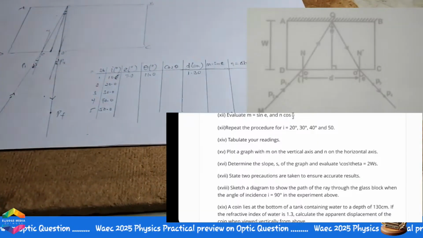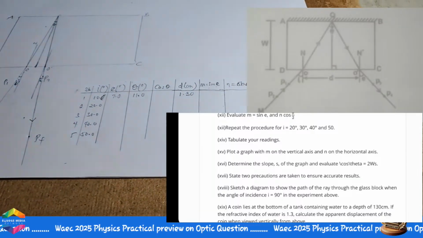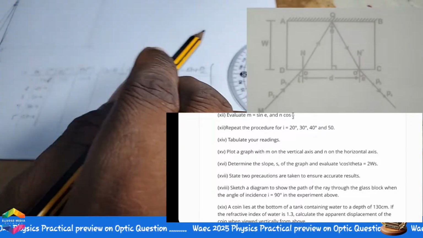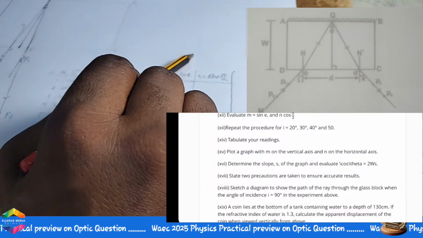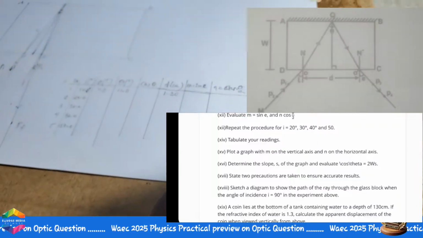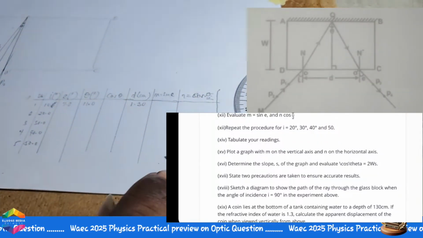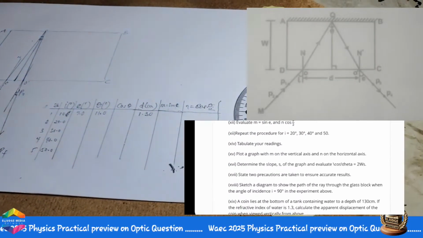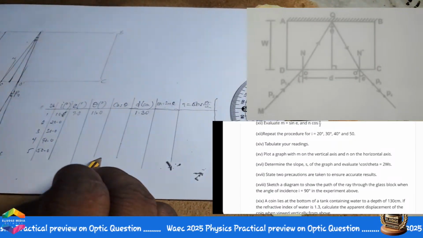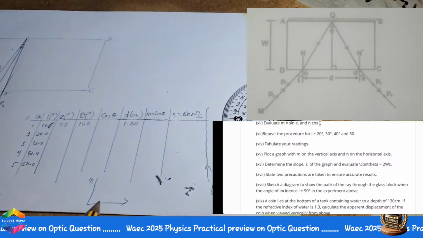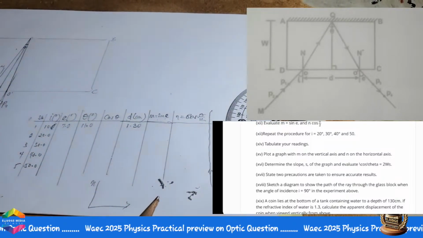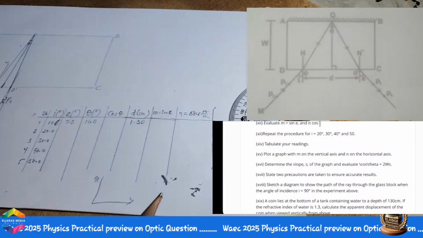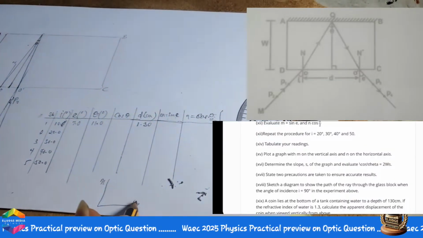We are told to tabulate your results. So plot a graph of M. When you're drawing your graph, make sure you plot M on the vertical and N on the horizontal axis.